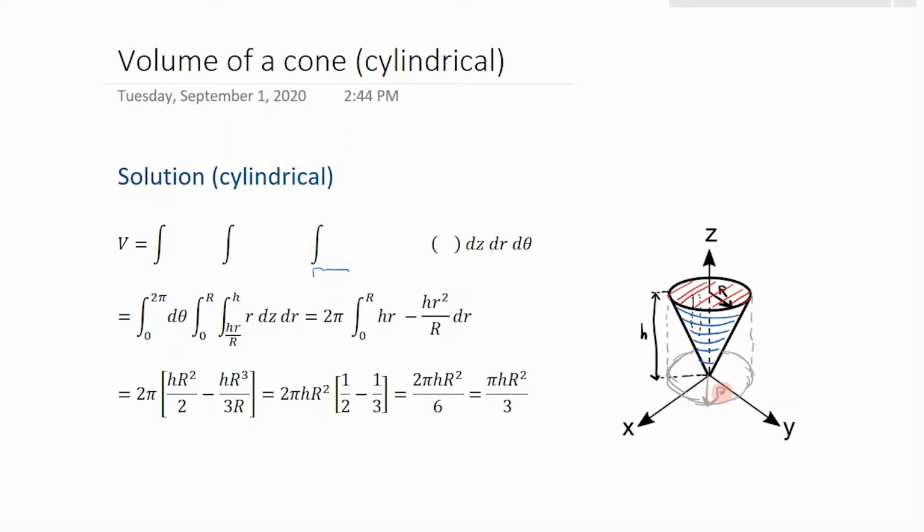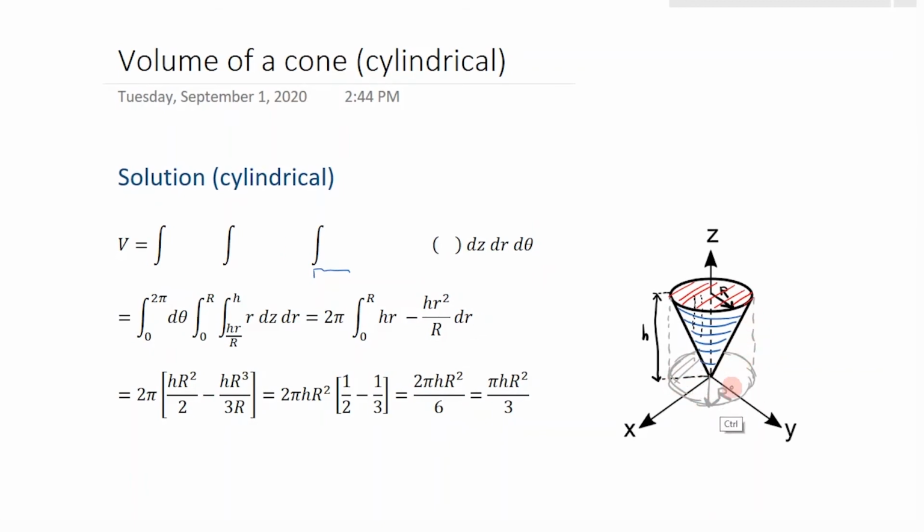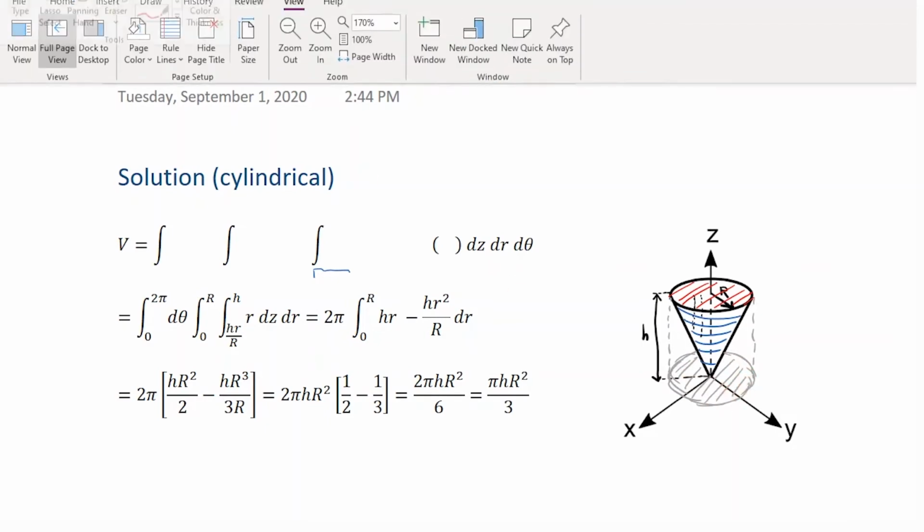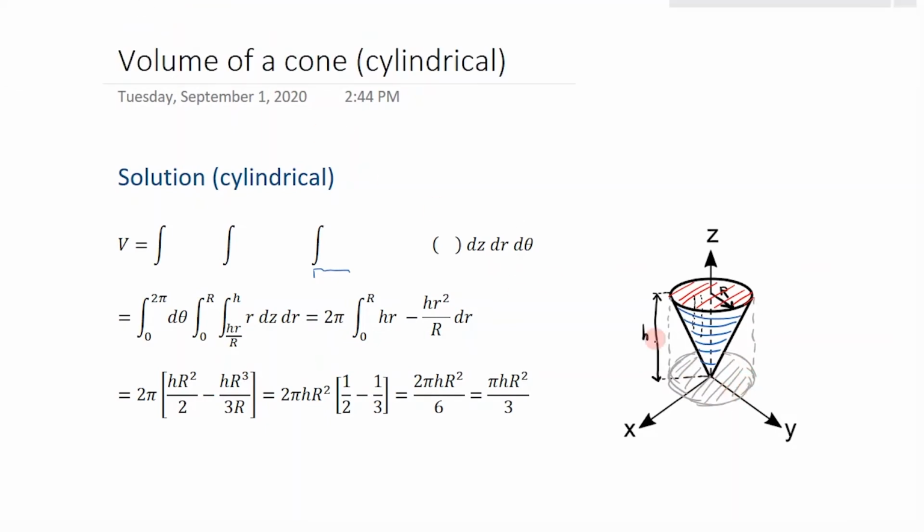So your bounds on r and theta are just going to describe this circle. So it's this, and then the radius is, whoops, r.